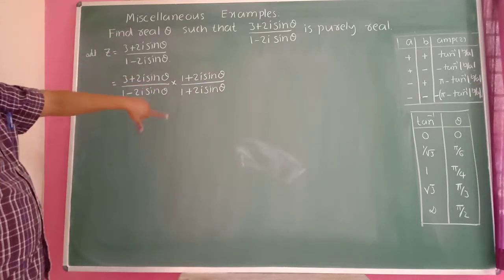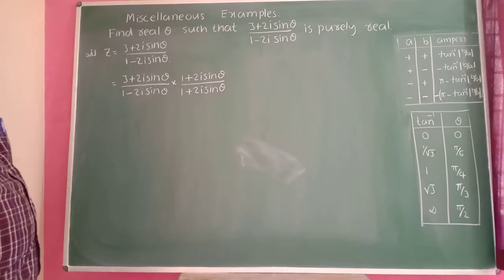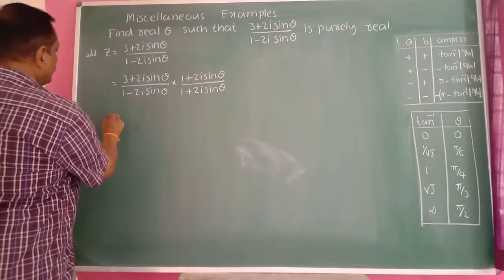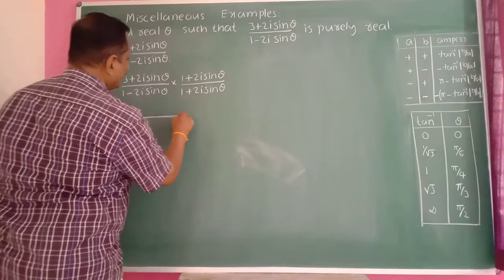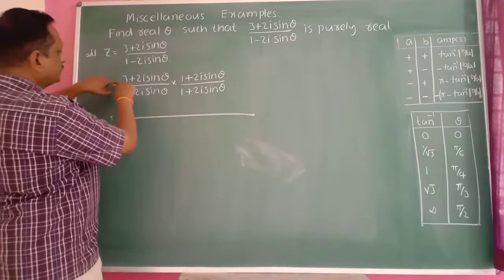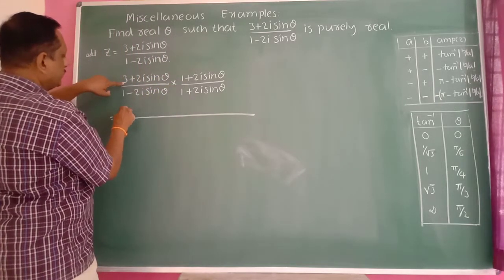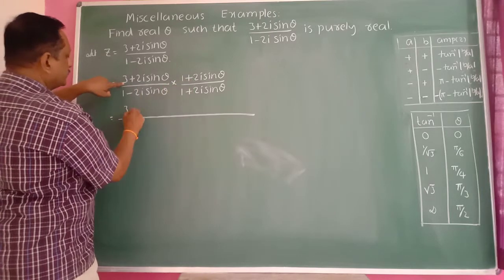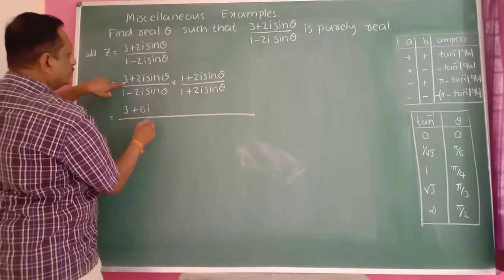Rationalize here, multiplying the numerator and the denominator by 1 plus 2i sin theta. Therefore, this is equal to, multiply the numerator terms here. 3 ones are 3 here. So write here 3. Then 3 twos are 6. So 6i into sin theta.